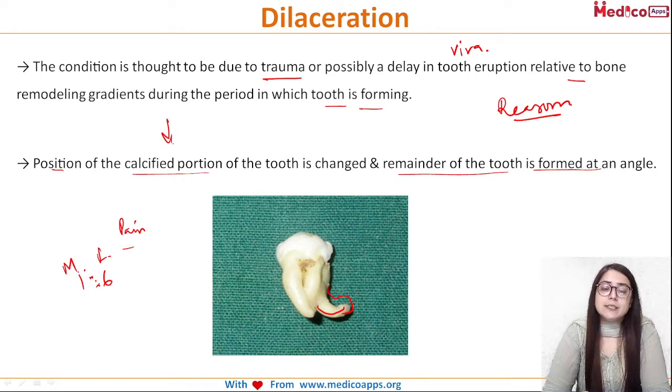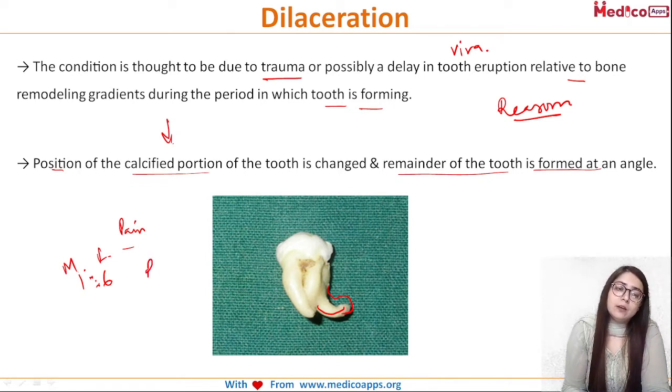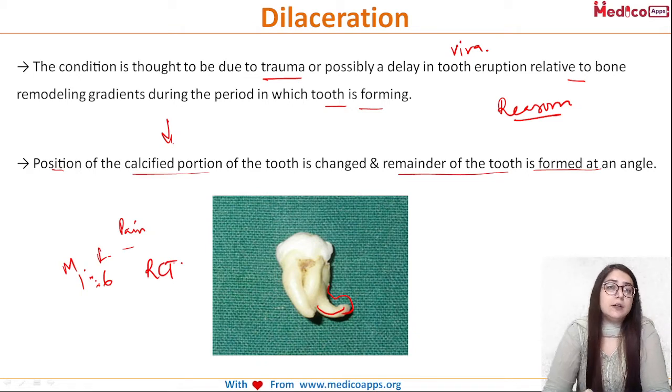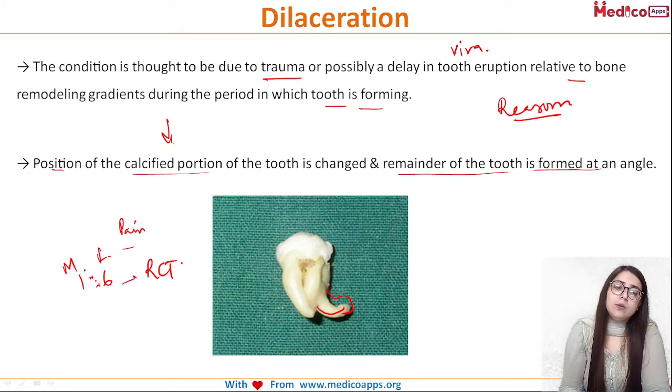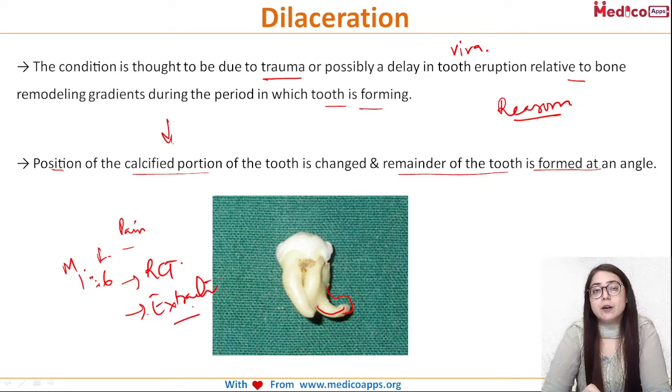Now the question arises, why are we even reading if there are no signs and symptoms? But the thing is, whenever you are doing RCT, that is root canal treatment, or you are extracting the teeth, at that time it could be a problem. Suppose without taking an IOPR, you advise a patient to go for extraction or root canal treatment.